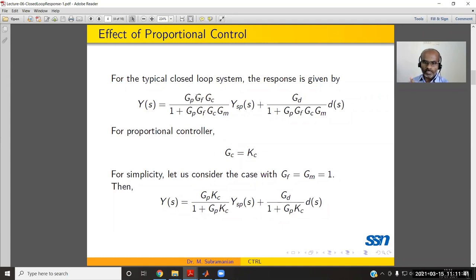For simplicity, we are taking GF to be 1 and GM to be 1. We have studied the various GC: KC for a proportional controller, KC by tau is for the integral controller, and for the D controller it is KC into tau d s.